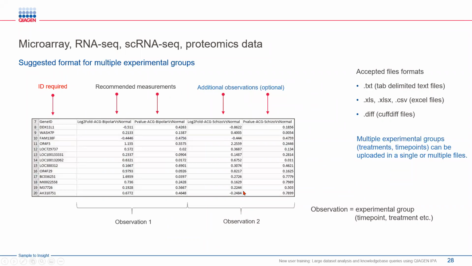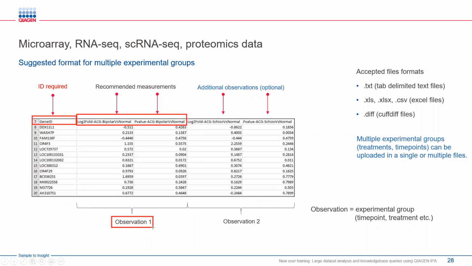Now, in case you're working with multiple experimental conditions like multiple time points, multiple treatments, or different mouse models, you can upload that data together in one big Excel spreadsheet. So following the same format, you have your gene IDs in the first column. The next 2 or 3 columns are dedicated to your first comparison. So this would be maybe your disease versus normal.